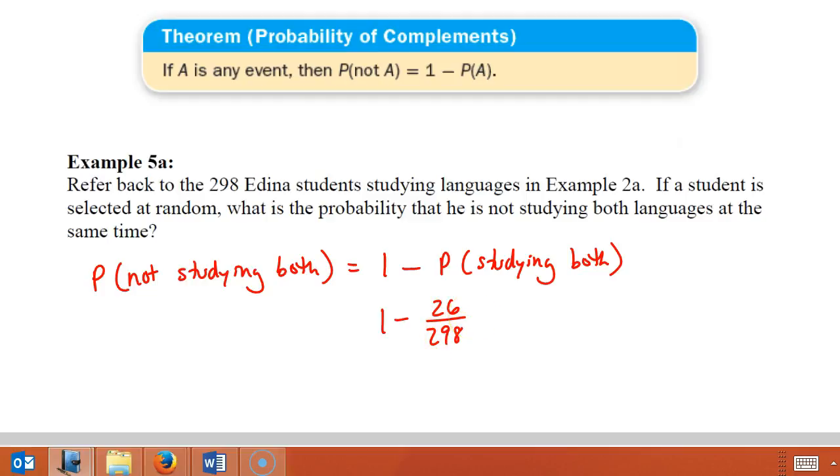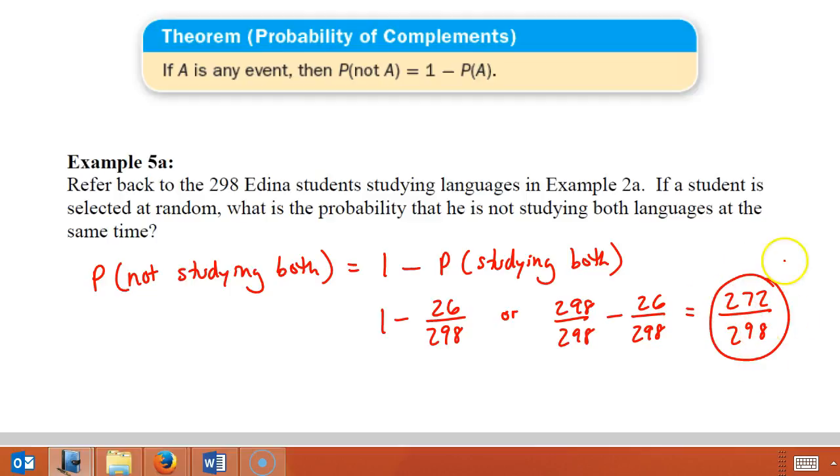Now, again, I'm going to keep this as fractions. So 1 is the same as 298 divided by 298, minus 26 over 298. All I did is change that 1 so we'd have a common denominator. And if I simplify this, 298 minus 26 is 272. So the probability that a student is not studying both languages would be 272 out of 298 students.